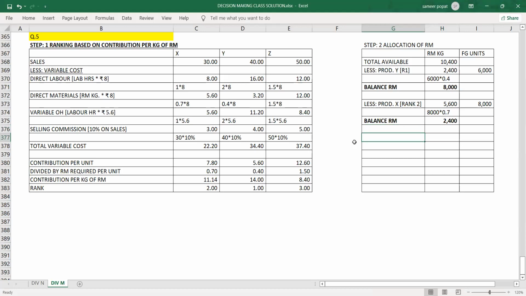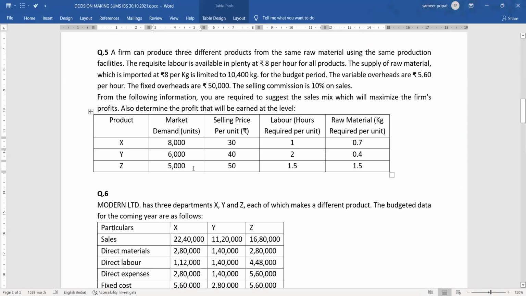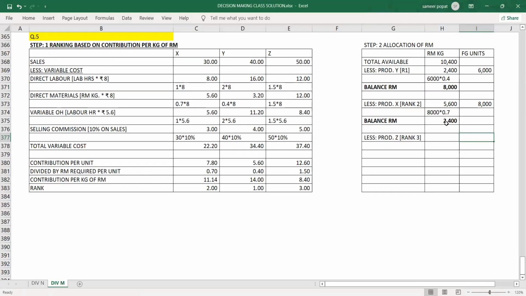Okay. Now the last remaining product is product Z. That is rank 3. Now rank 3, demand is 5,000 and each unit will require 1.5 kg. So 5,000 into 1.5 will give us 7,500 kgs. But that much kgs are not available here. So whatever material is available, use the full material, and whatever quantity you can manufacture from that material, just find that.